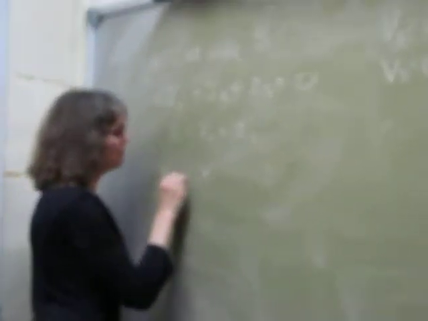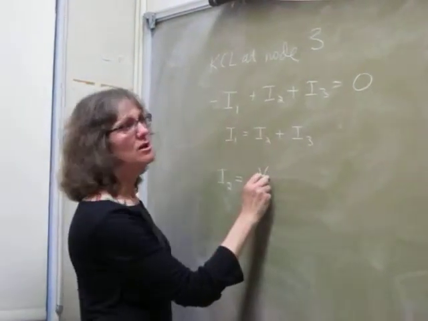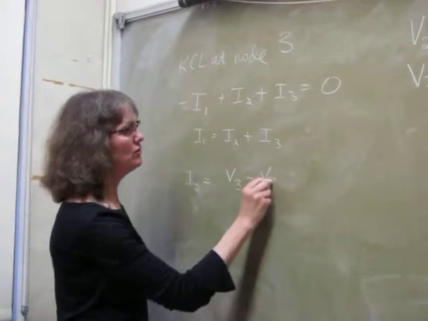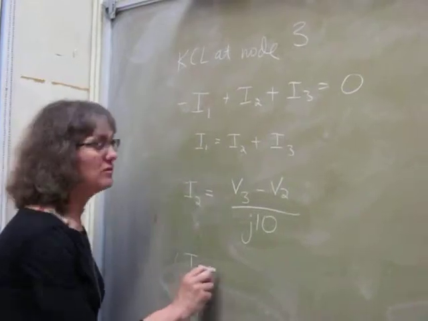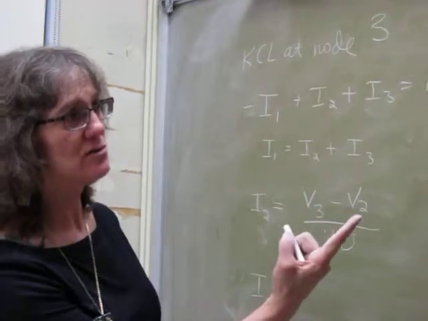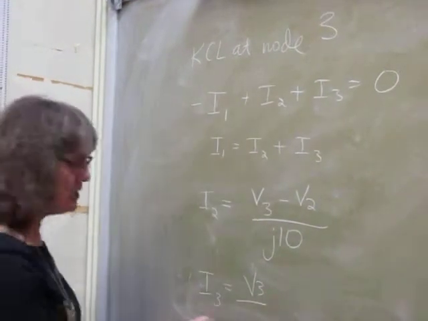Pretend that that's a resistance, but it's a resistance with a complex number. So I2 is equal to V3 minus V2 over j10. I3, similarly, is V3 minus 0, because that's the reference node on the other side. So it's just V3 over minus j2.